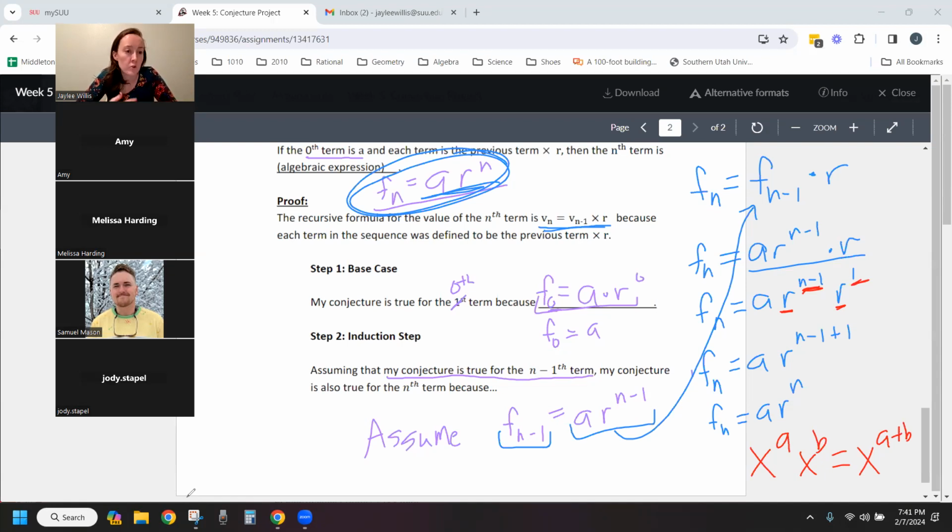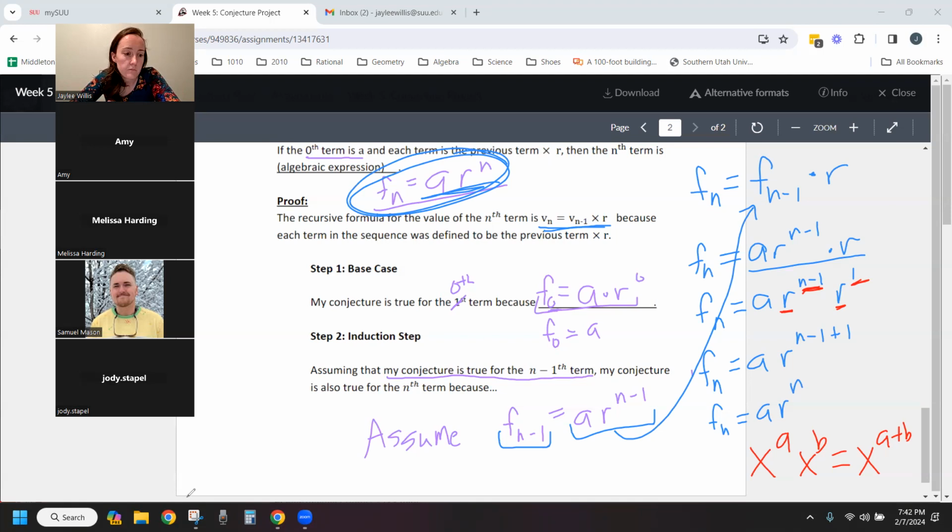Mathematicians who do lots of proofs will usually just write, therefore, by the principle of induction, the statement is true. But since you haven't done a ton of induction, I want you to make sure you understand how to explain it. If you already explained it in last week's conjectures, you can copy and paste and change whatever details need to be changed for the specific conjecture.